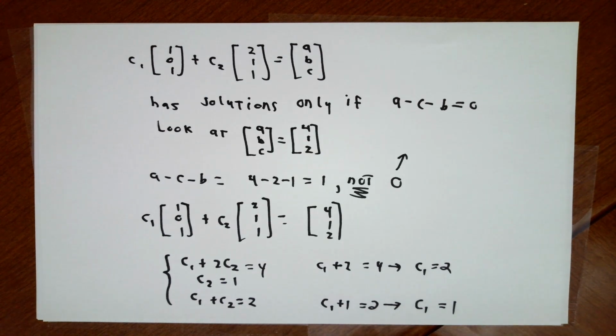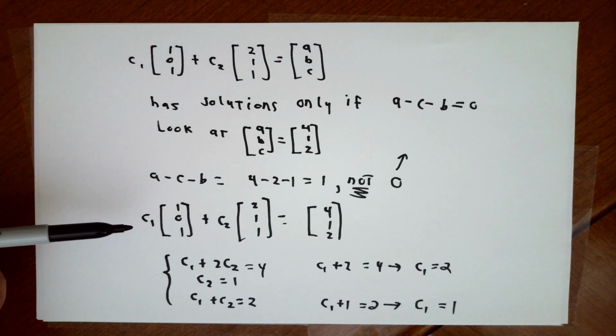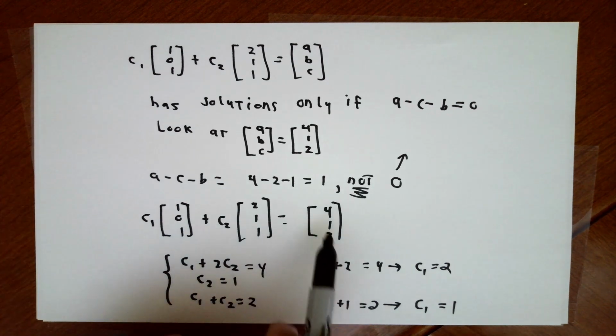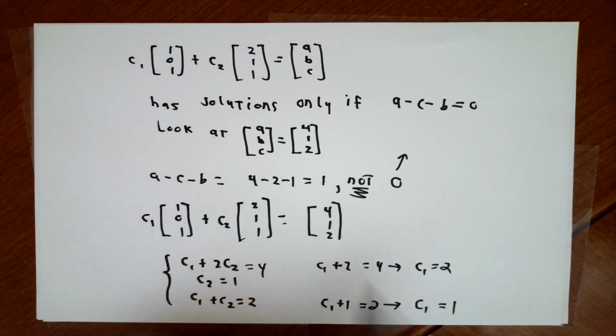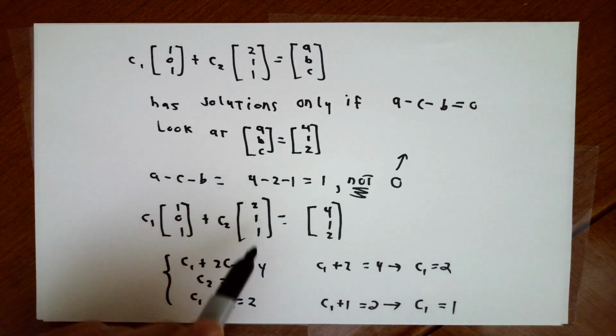There's no way to make both of those things true at the same time. This set of equations has no solution. There is no way of picking c1 and c2 so that this happens. 4, 1, 2 is not contained within the span of the vectors 1, 0, 1 and 2, 1, 1.